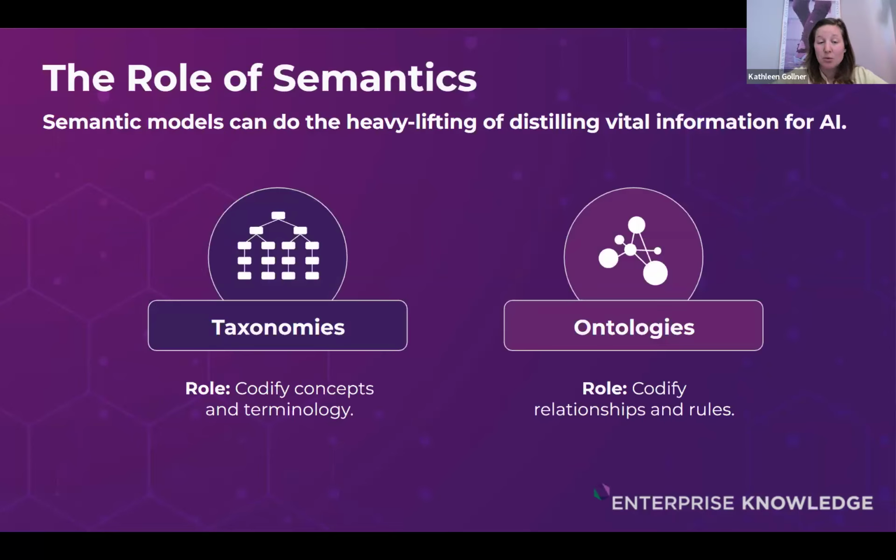Taxonomies are really good at, and essentially for, codifying concepts and terminology. What are the major organizational concepts and the terms used to talk about them within the organization? And then we have ontologies, whose core role is codifying the relationships and rules, sort of the business logic of the organization that we may want to convey to the AI solution.